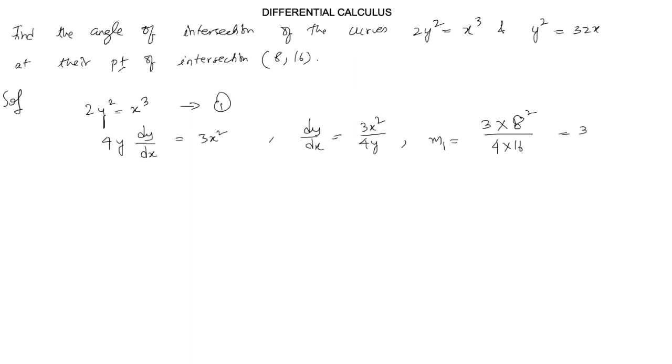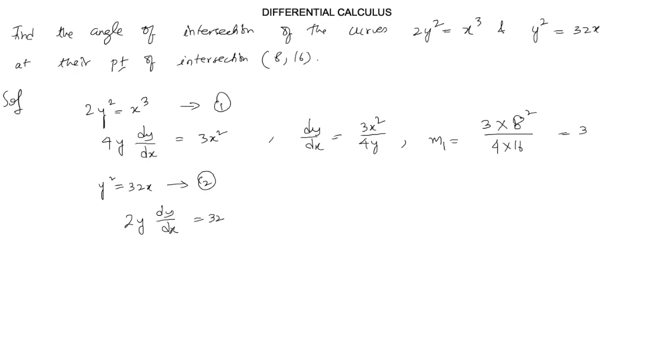Now let us consider another curve, that is y square is equal to 32x. Differentiating both sides with respect to x, we get 2y dy by dx is equal to 32.